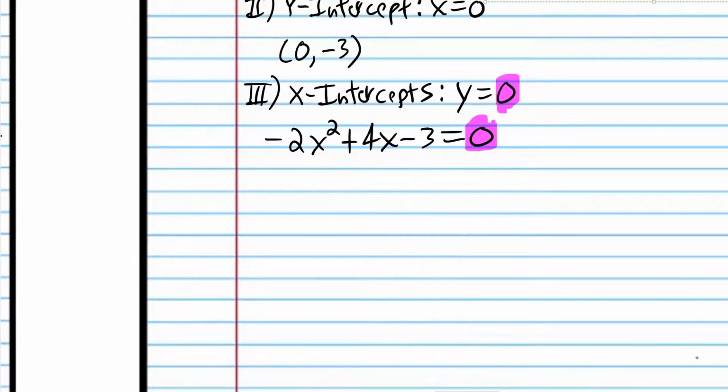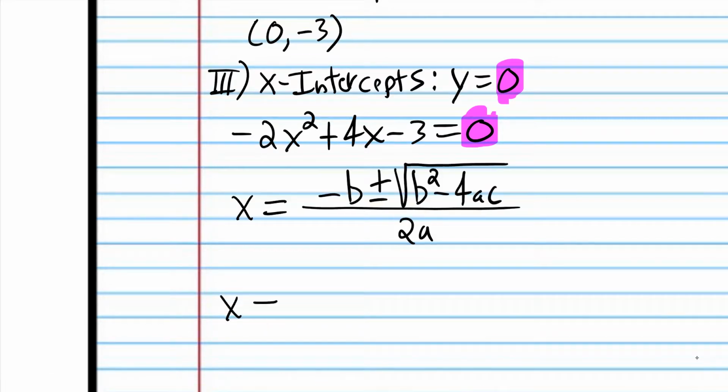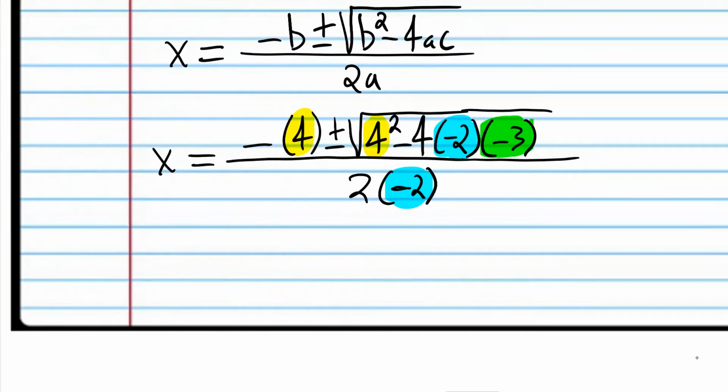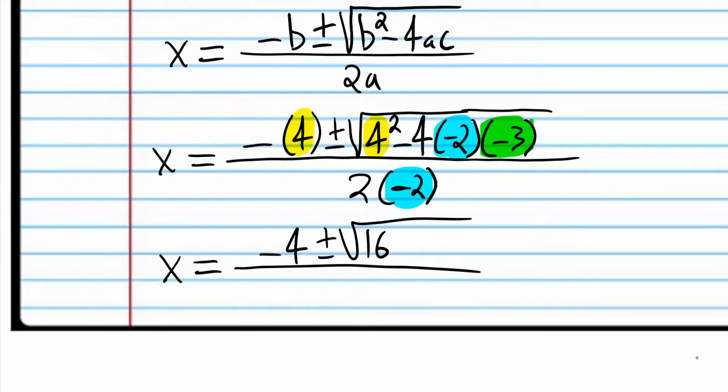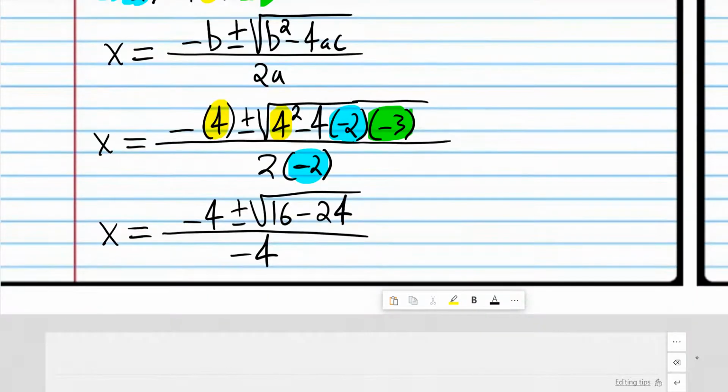Now we're going to have to solve this quadratic equation, but you'll find that it's not easily factorable, so we're going to use the quadratic formula. And then we're just going to plug in values. So b is 4, and a is negative 2, and c is negative 3. Now we're just going to simplify that. Negative 4 times negative 2 is positive 8, and then positive 8 times negative 3 is negative 24, and you can see there's a red flag there because we're going to have a negative inside the root.